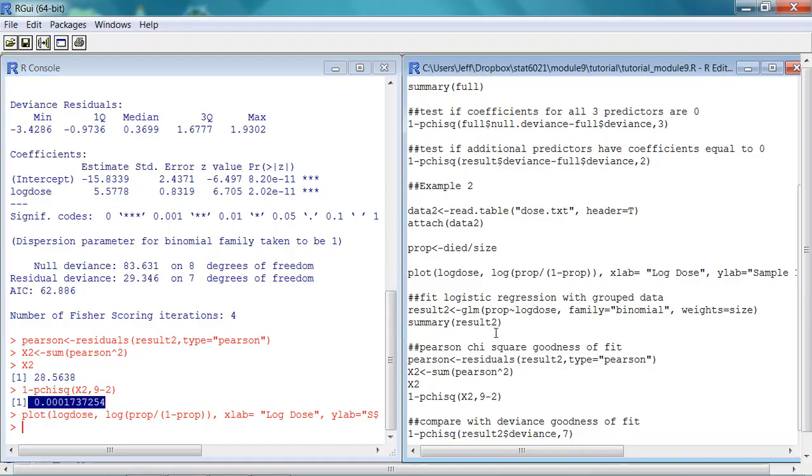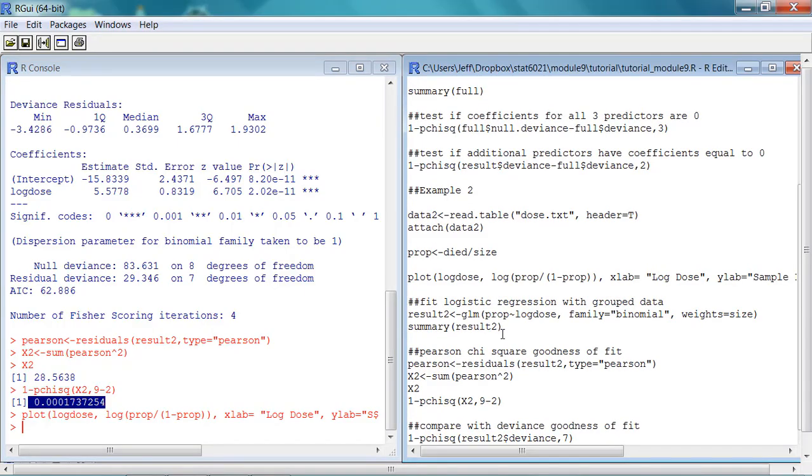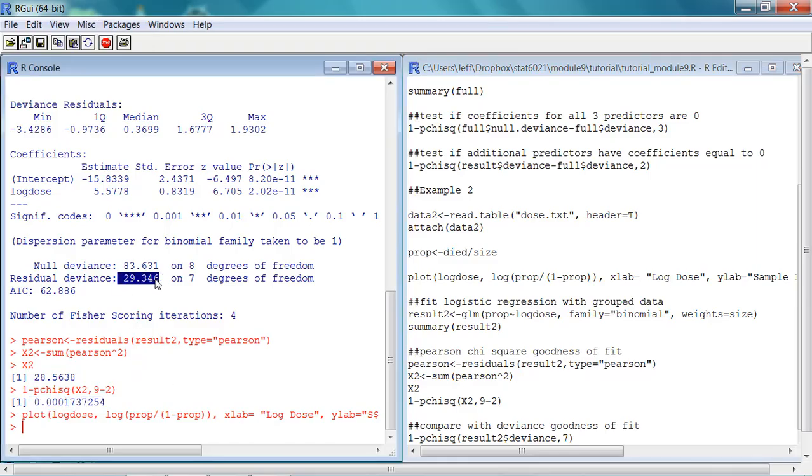So it's not surprising that we ended up rejecting the null, and we say that our data doesn't support the model. The other thing we could do is another goodness of fit test called the deviance goodness of fit test, which is based on the residual deviance. You notice this residual deviance is pretty close to the Pearson chi-square test statistic. These two values will be asymptotically the same, so if you have a large sample size, these two should be the same.